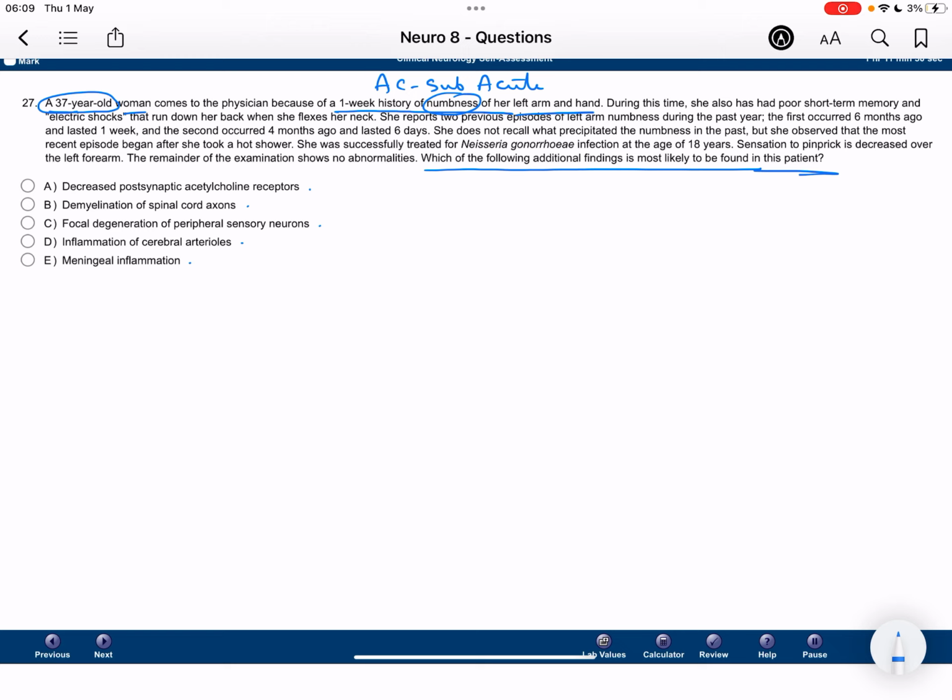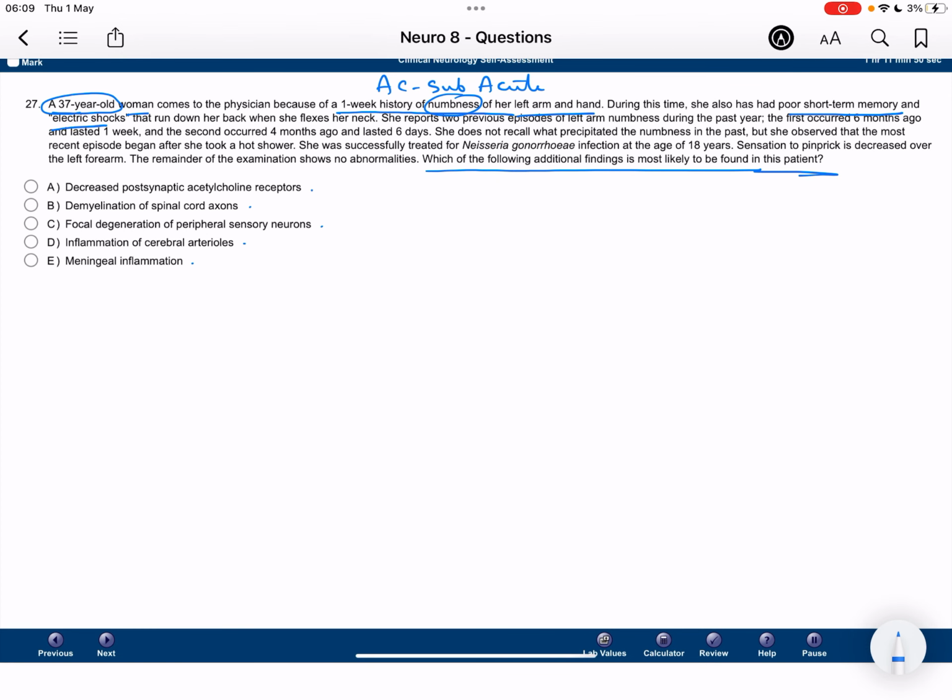During this time, she also has poor short-term memory and electric shocks that run down her back when she flexes her neck. Very important point. She reports 2 previous episodes of the left arm numbness during the past year. The first occurred 6 months ago and lasted 1 week, and the second occurred 4 months ago and lasted 6 weeks. So 2 episodes of left arm numbness.